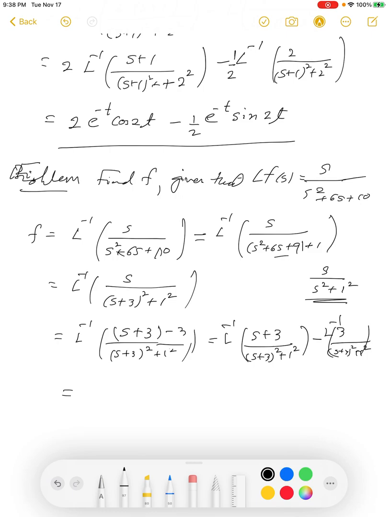And the first one is going to be, the shift is by minus 3. Your a is 1, so it is e to the minus 3t cos t. Now for the second one, this 3 will come out and you will write this as 1 over (s plus 3) square plus 1 square. So 3 will come out, and then you will see that that's just the Laplace transform of sine of t shifted by minus 3. So its inverse transform is e to the minus 3t sine t.